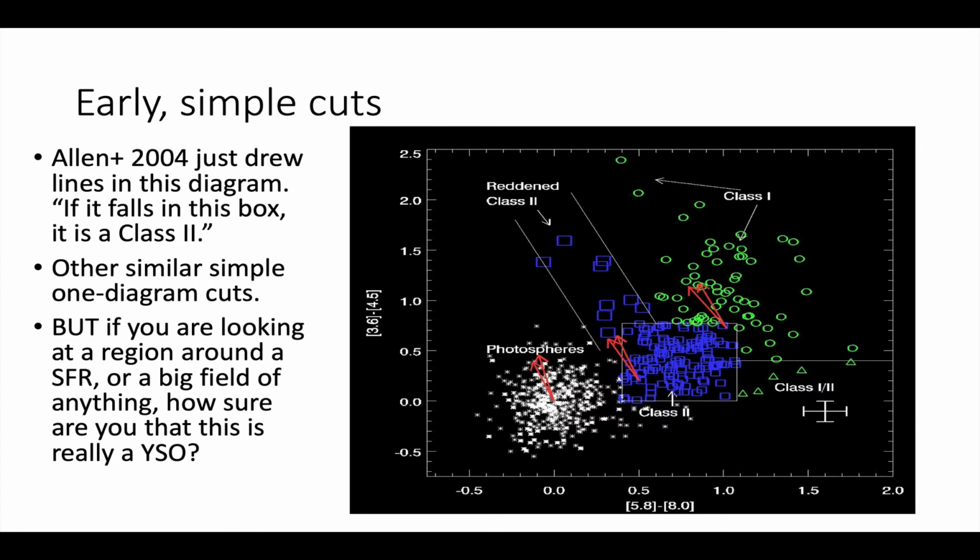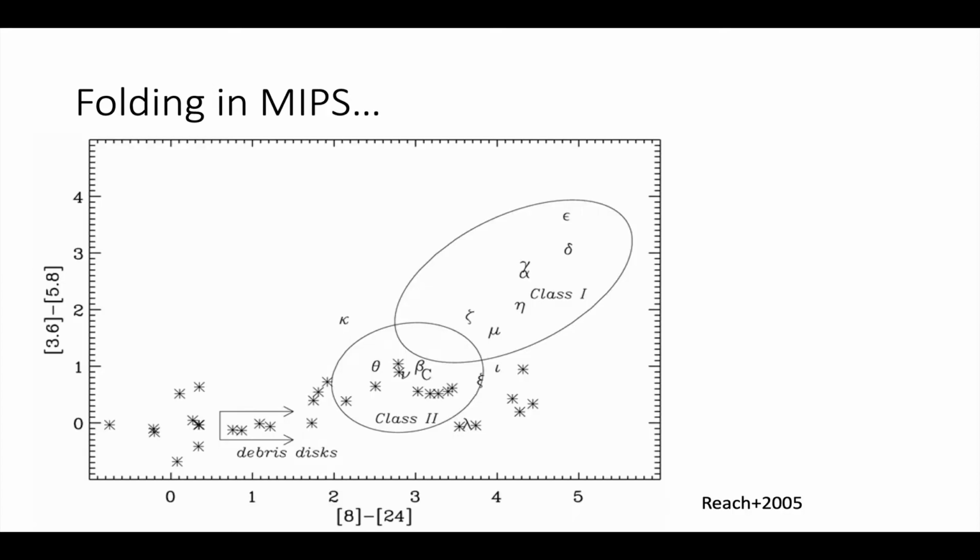But this was a relatively small field, really centered on one star-forming region. As you start to explore bigger regions, you need to worry about whether or not the things you're looking at are really young. This is 3.6 minus 5.8 on the y-axis and 8 minus 24 microns on the x-axis. So now we're bringing in MIPS on the x-axis. Again, stars with no dust have zero color.